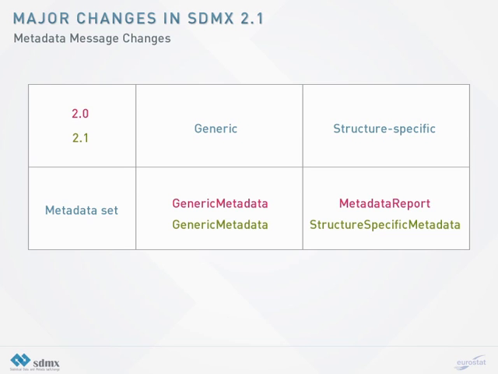In version 2.0, the generic metadata message was structured much differently from the structure-specific metadata message. In version 2.1, the two formats are quite similar, with the same tags being used for each level of the metadata set structure, and there is a better equivalence between data messages and metadata messages.